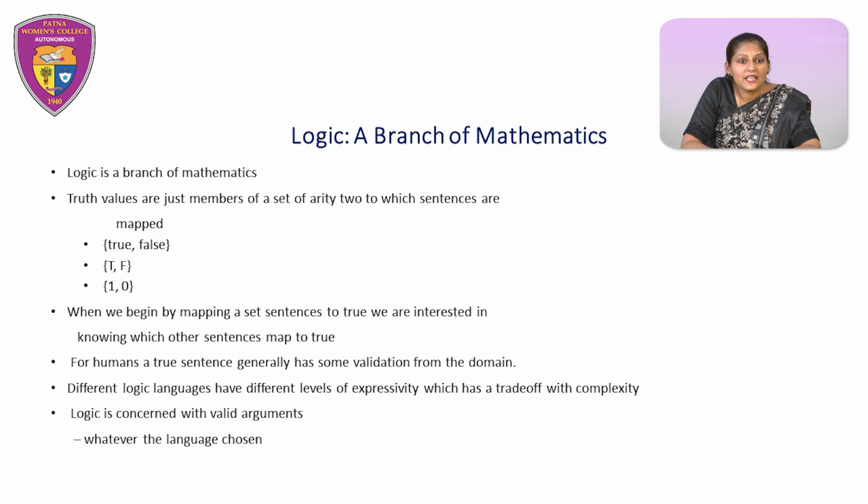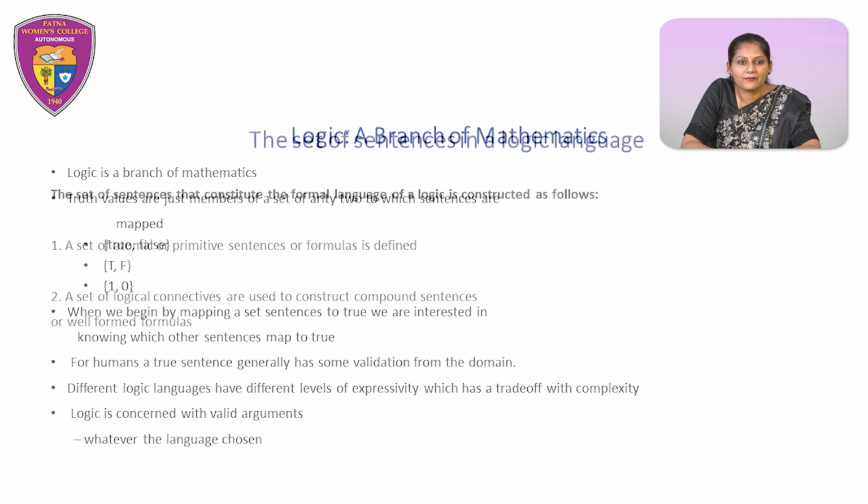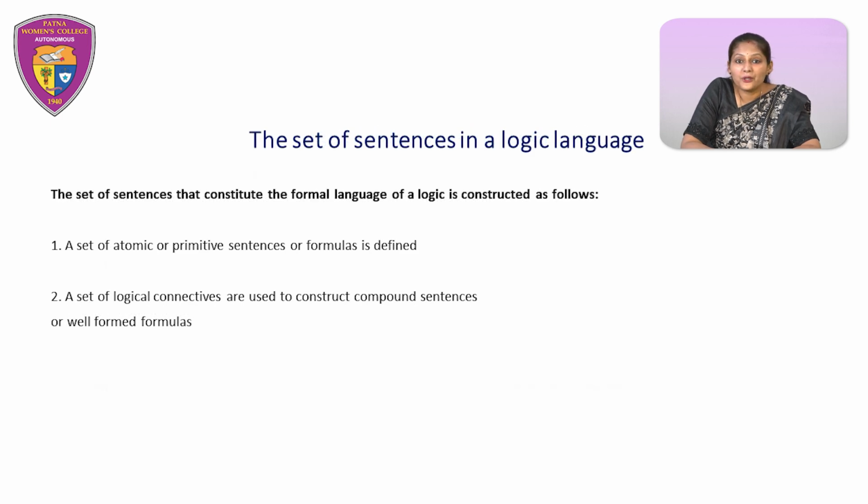For example, if any sentence is proven as a tautology, then that sentence is valid, otherwise not. Since we are talking about sentences to be proved as valid or not, we should know that there are two types of sentences. First, atomic or primitive sentence. Second, compound sentence, or we can say complex sentences, which are formed by the use of logical connectives.